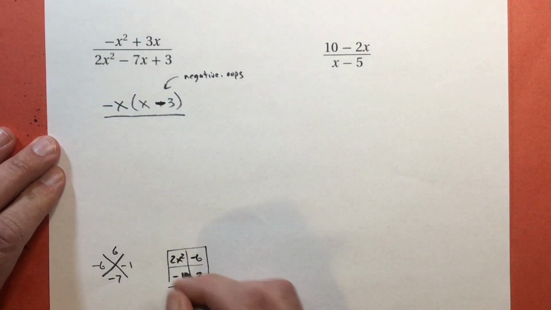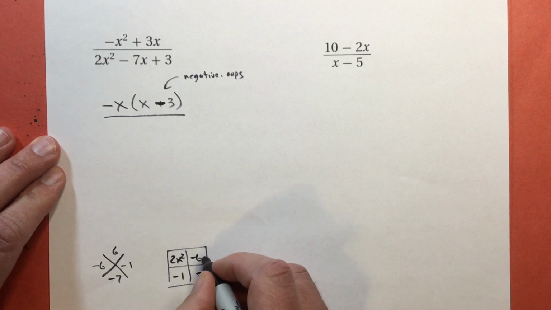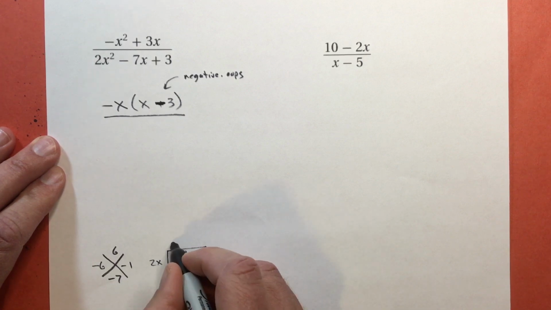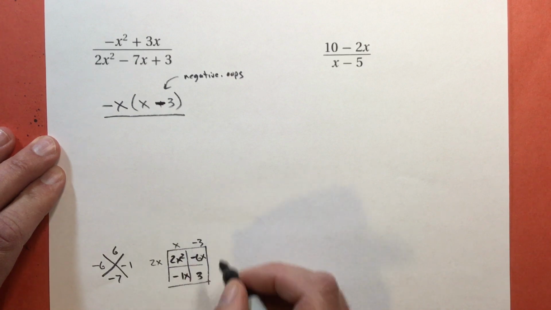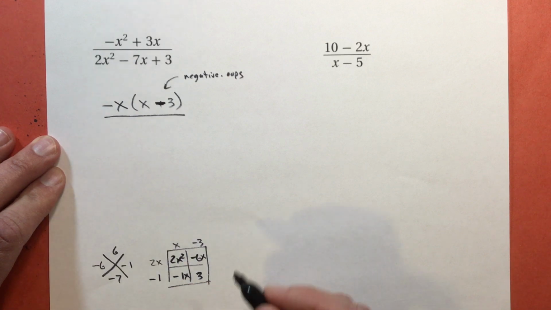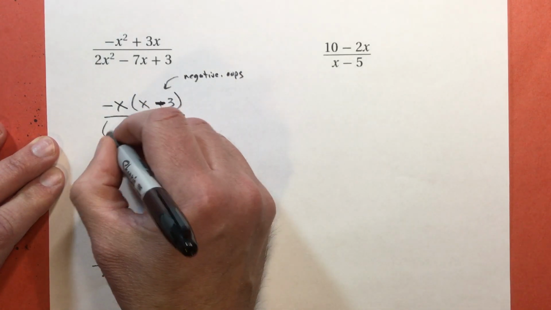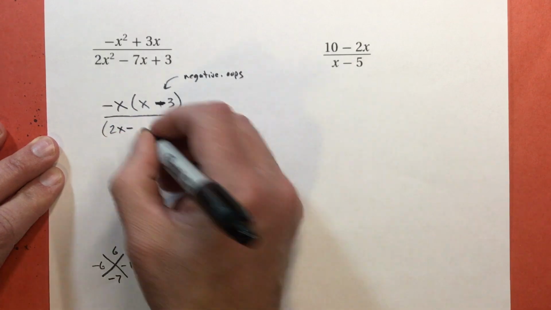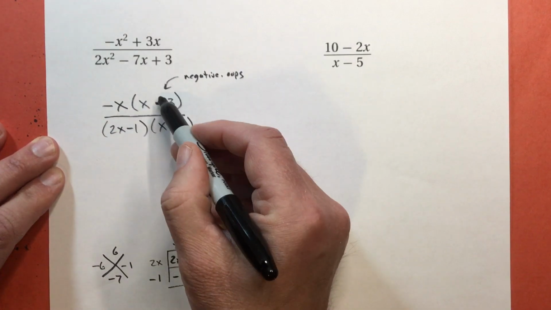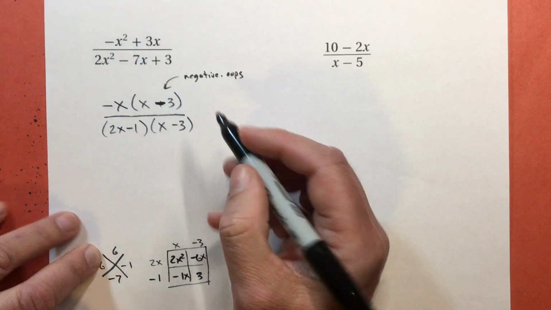And if I factor, I get 2x, x, and negative 3. And this one, I can factor out a 1, but I want to change the sign, so it's going to be negative 1. So I get 2x subtract 1 times x subtract 3, which is nice because now that is the same as that.